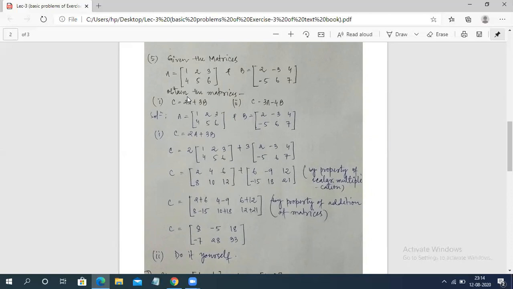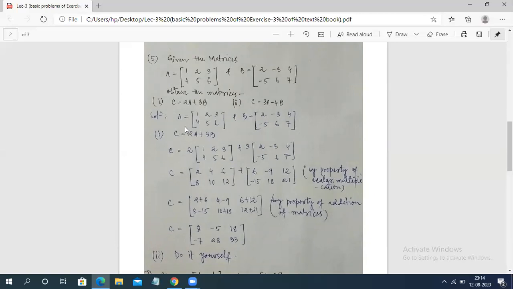Now it has been asked to find a matrix C which is equal to 2 into A plus 3 into B. That means you have to first write the value of 2A.